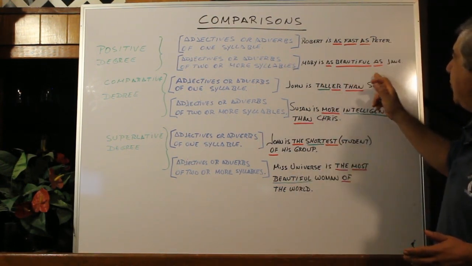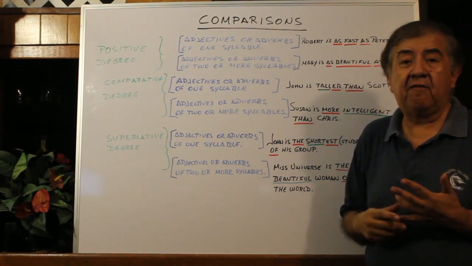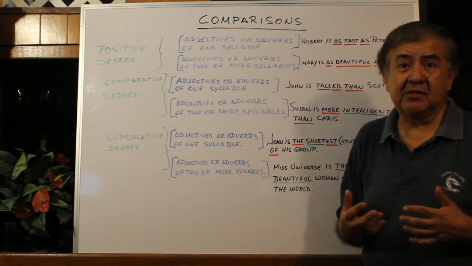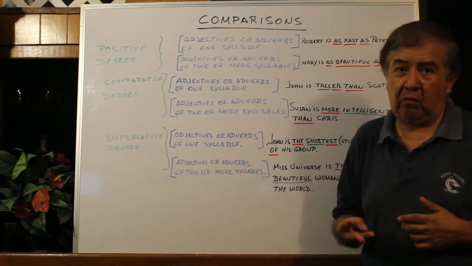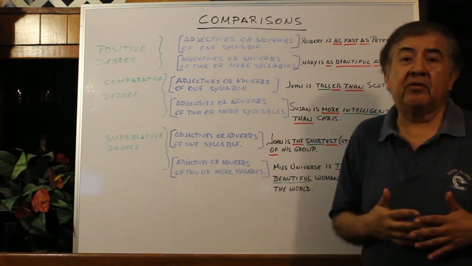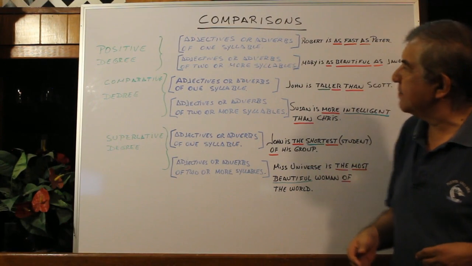Mary is as beautiful as Jane. Just take into account the number of syllables. Here, fast is only one syllable. Beautiful, how many syllables? Beautiful, 3 syllables. But in the positive degree, we don't take into account the number of syllables of the adjectives or adverbs.